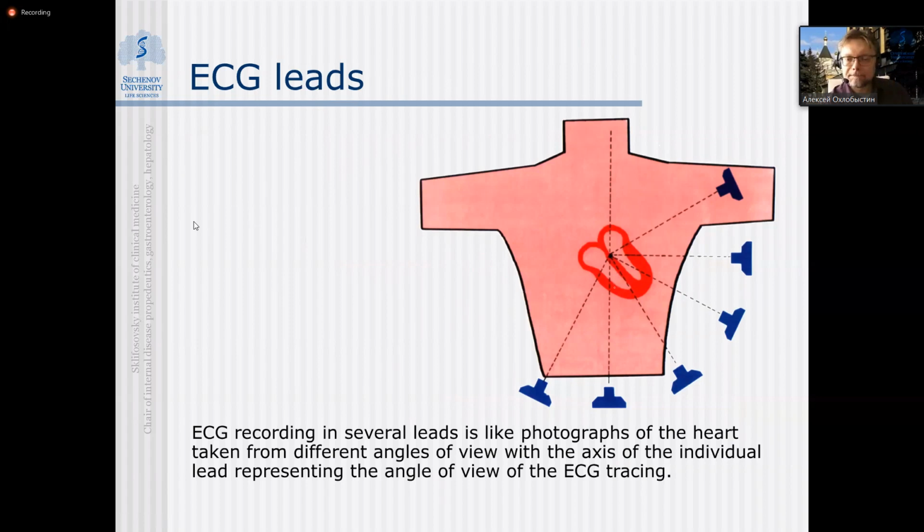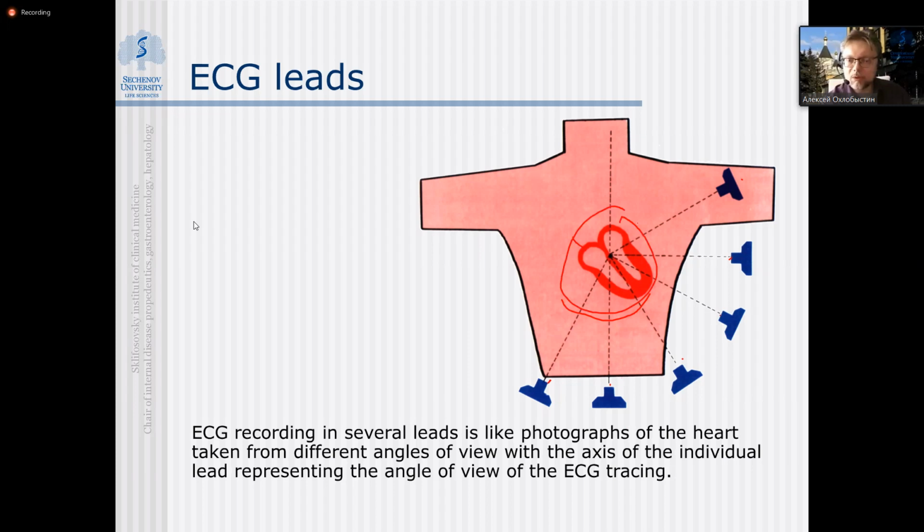What all our leads are for is like taking photographs, receiving a projection of a certain three-dimensional event onto certain points or planes. We have 6 leads, 3 classical, 3 augmented leads in the frontal plane. That is like taking a picture of a three-dimensional object from 6 points of view.